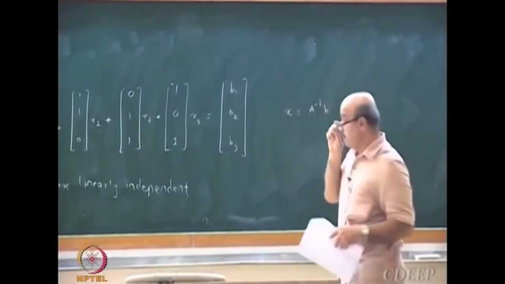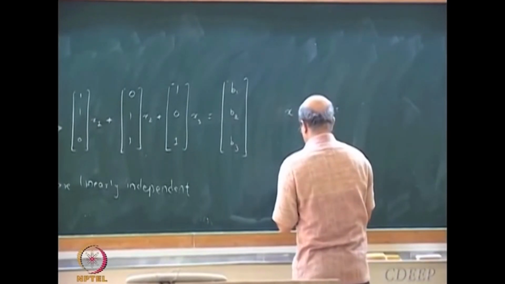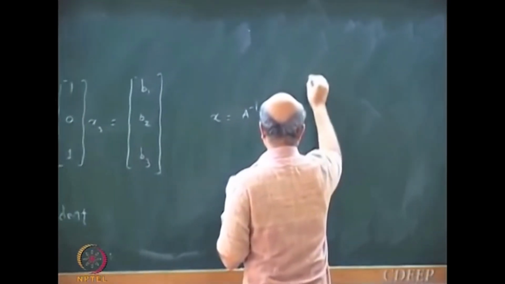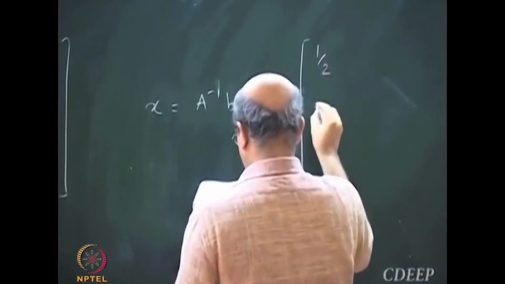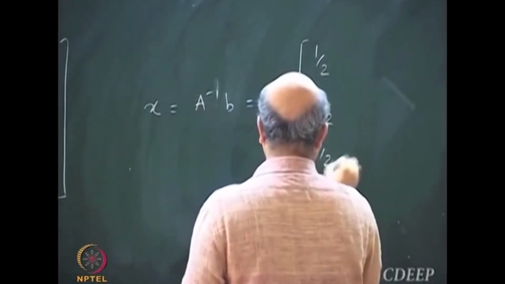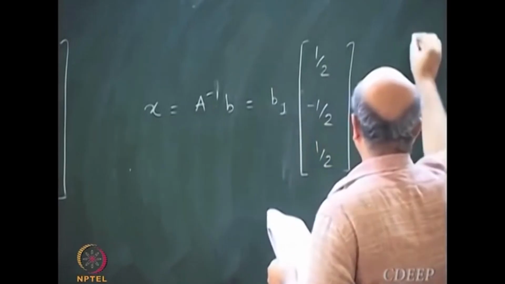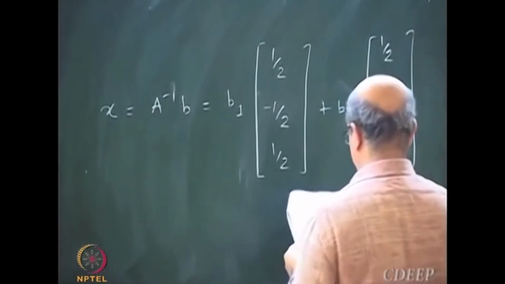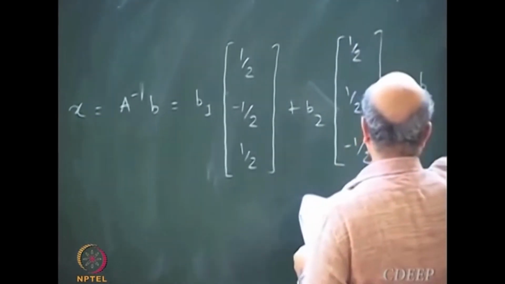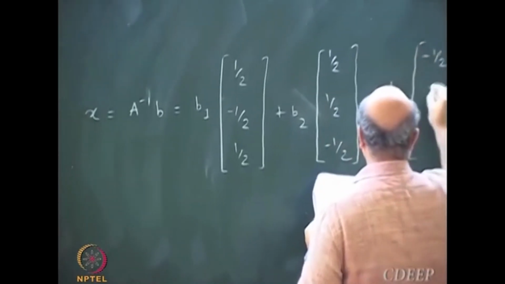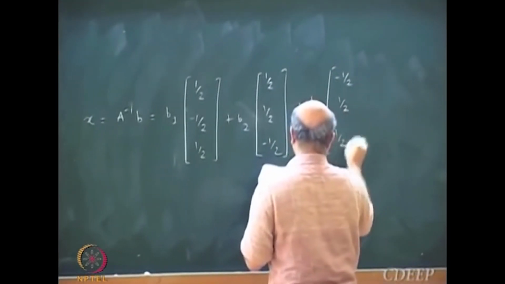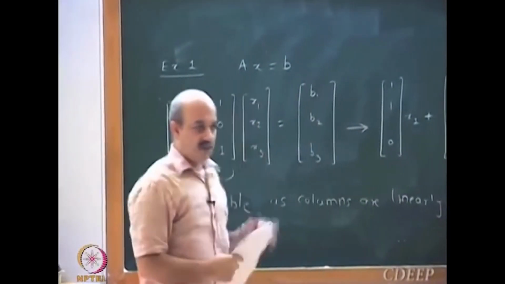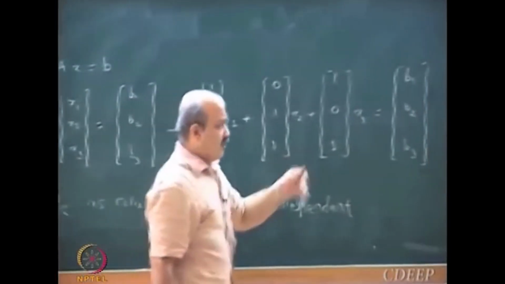Well, I'm not right now worried about how to compute A inverse. I suppose you know this. And this A inverse b turns out to be b1 times (half, minus half, ...) plus b2 times (half, minus half, ...) plus b3 times (...). If I actually compute a solution of this system of equations, you can do it very easily.